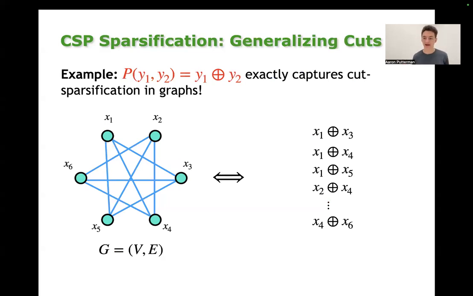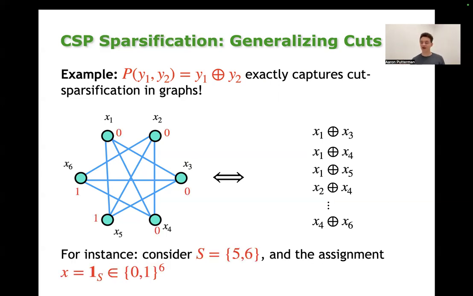There are 6 vertices. In the correspondence between graphs and CSPs, each one of the vertices corresponds with a variable in the CSP. Now for every edge in the graph, we add a corresponding constraint that touches the 2 corresponding variables. For instance, in this graph on the left, we have an edge between vertices 1 and 3, and so on the right, we have an XOR constraint between variables x1 and x3.